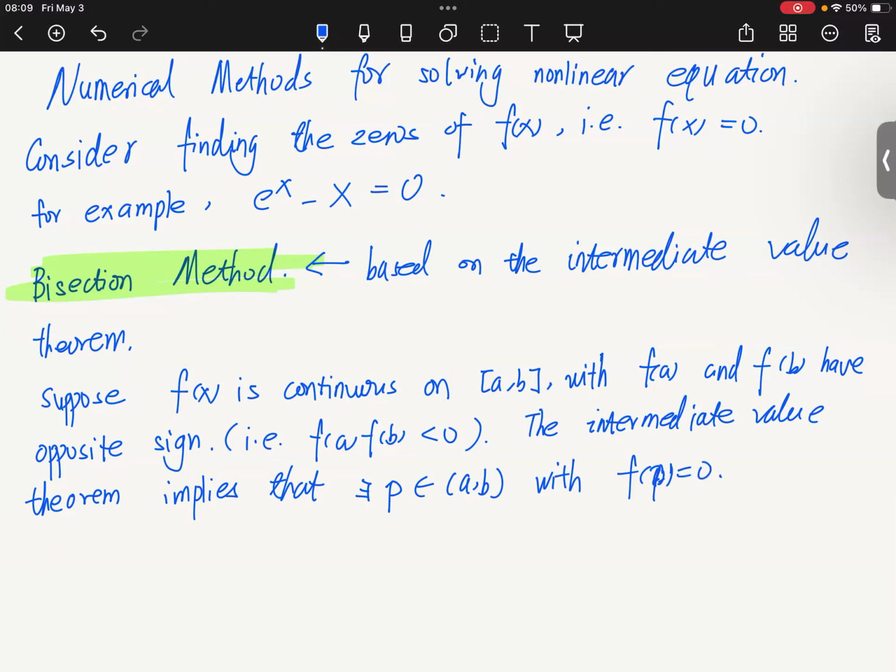Does it make sense? So this is just the intermediate value theorem, and I'm going to draw the picture here in case you have some difficulty recalling what we have in the intermediate value theorem.